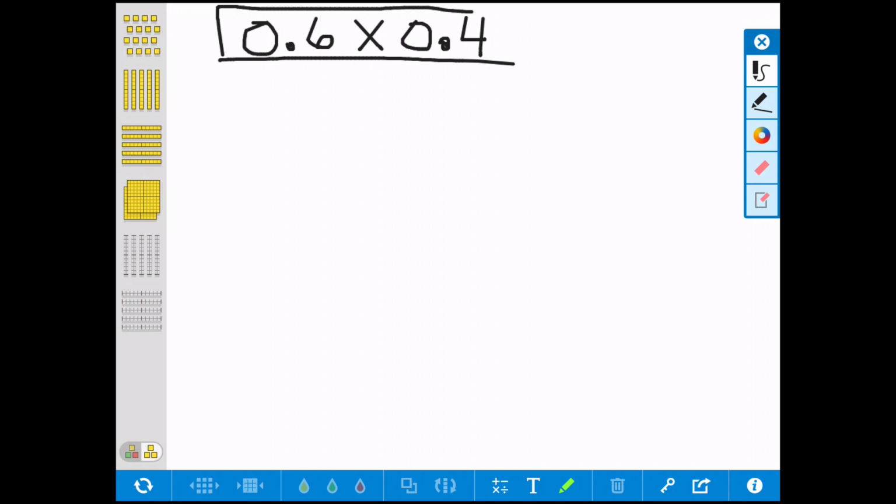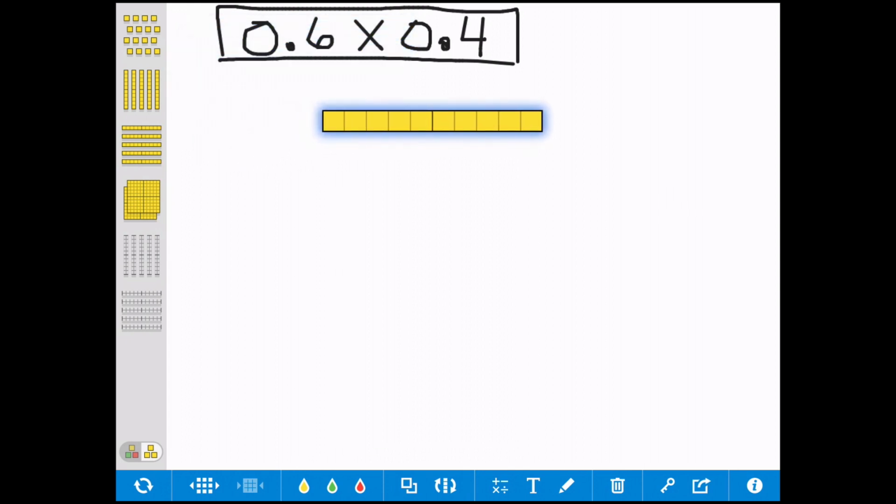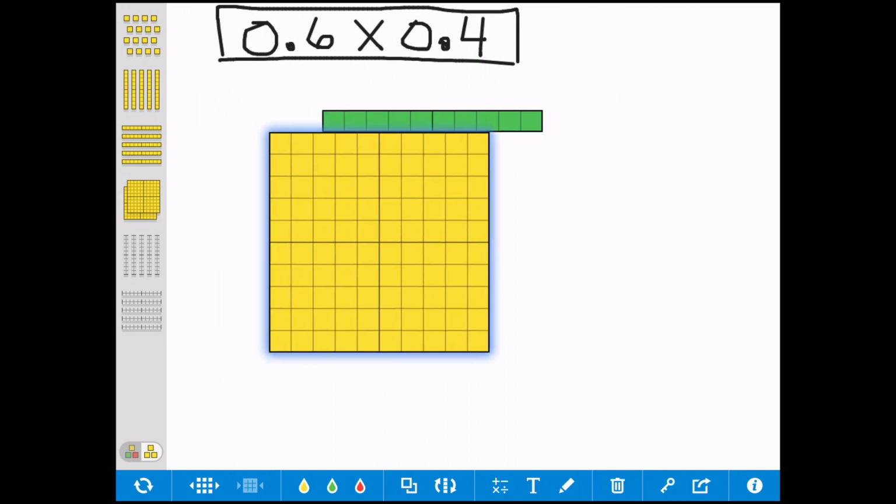So the idea of this is, when we are doing 0.6 times 0.4, or 6/10 times 4/10, what is that? First thing we're going to do is we need to model that. Well, I started with a couple of these things, and I want to color them. Let's make them green. So this is a 1 by 1.